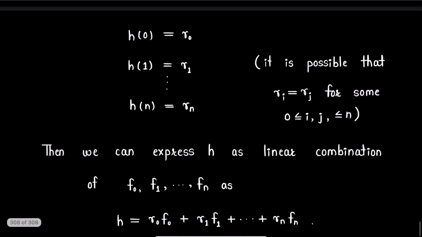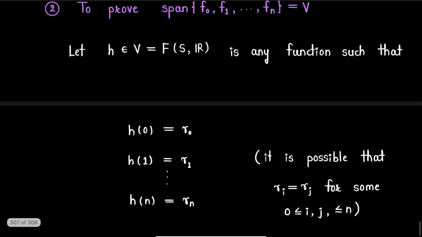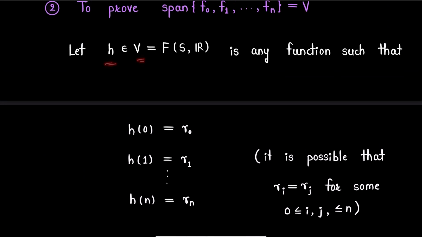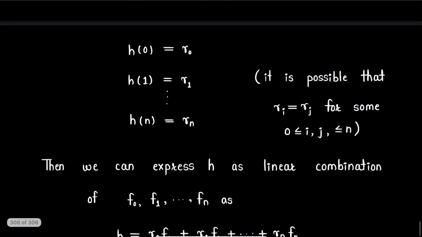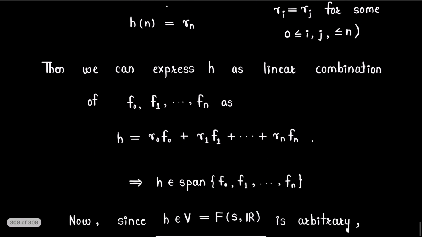Okay, so it is possible that ri is equal to rj for some i and j ranging from 0 to n. So we have considered one function from vector space V, and we have image of 0, 1 up to n under this function h, that are r0, r1 and rn respectively.